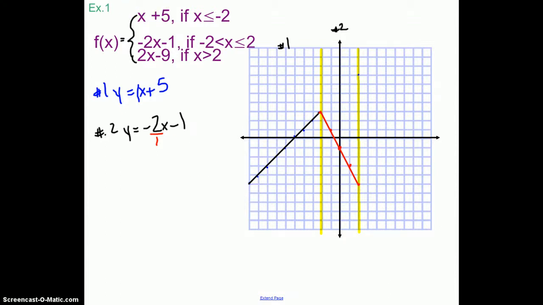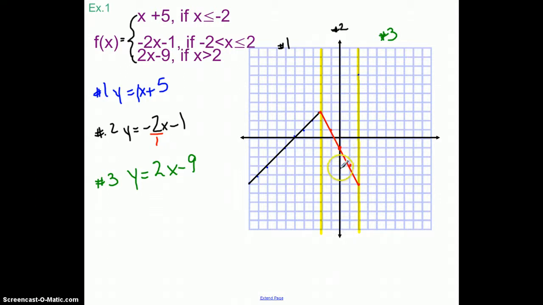Now I'm going to change colors again just so that it's easier for you to see. Now I'm going to do part 3, which would be over here. And that's y equals 2x minus 9. So that means it starts down here on 9.